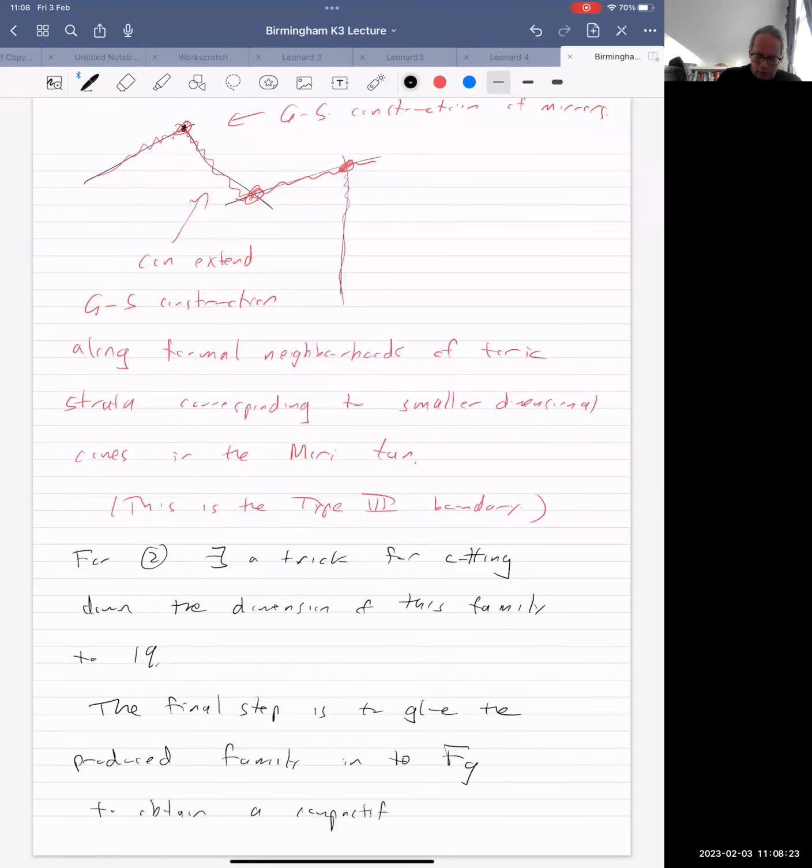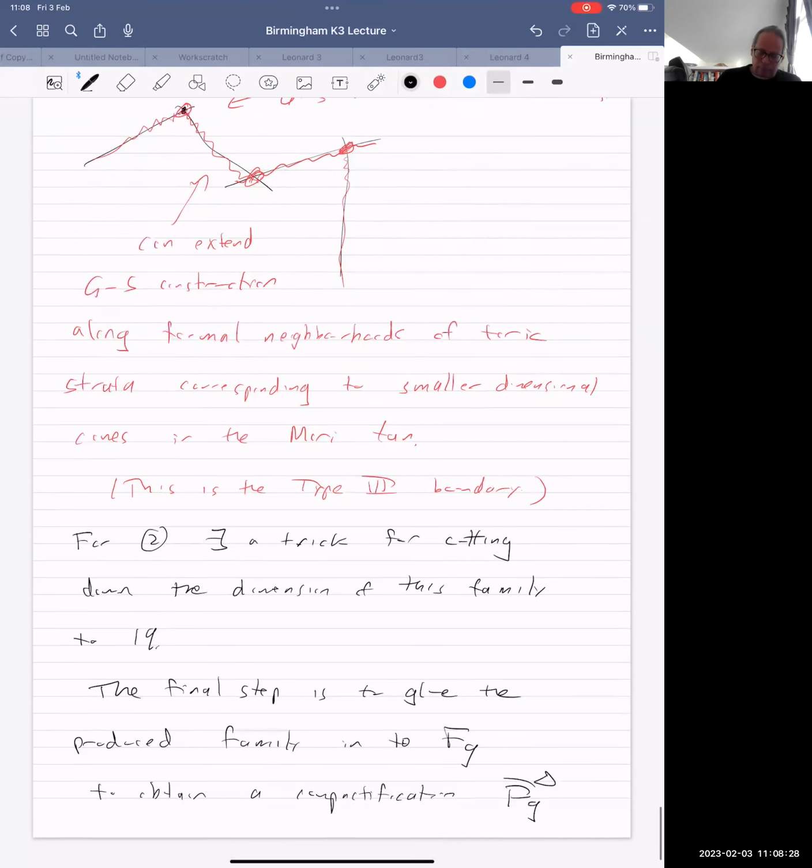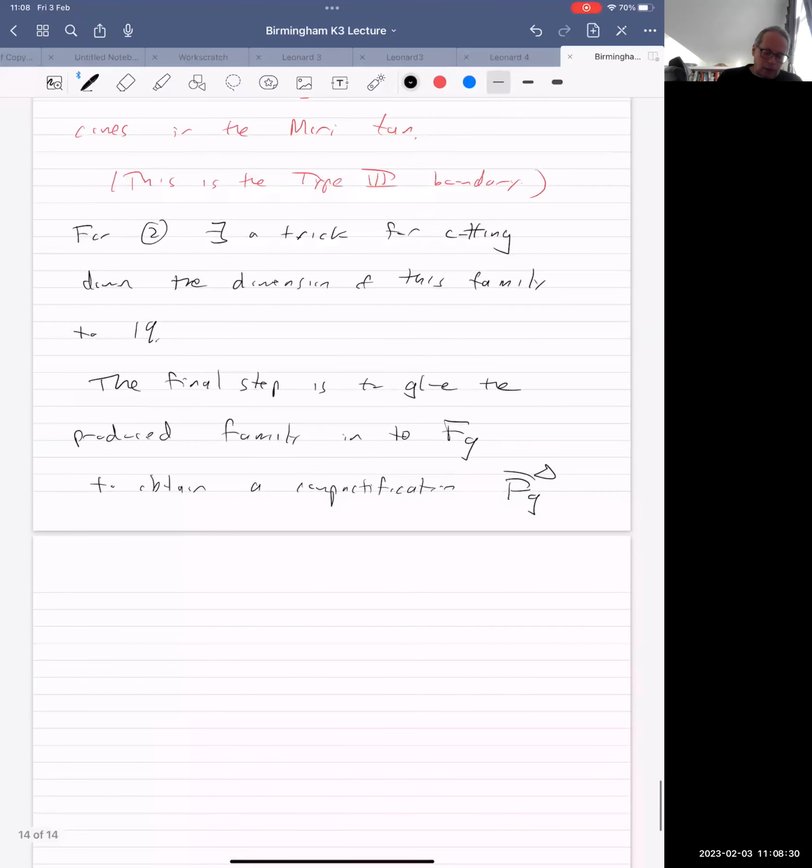Again, this will essentially be F bar G delta equipped with a family of degenerating K3 surfaces. Okay, and so for this we use period calculations, which were pioneered by Rudolph and Siebert.